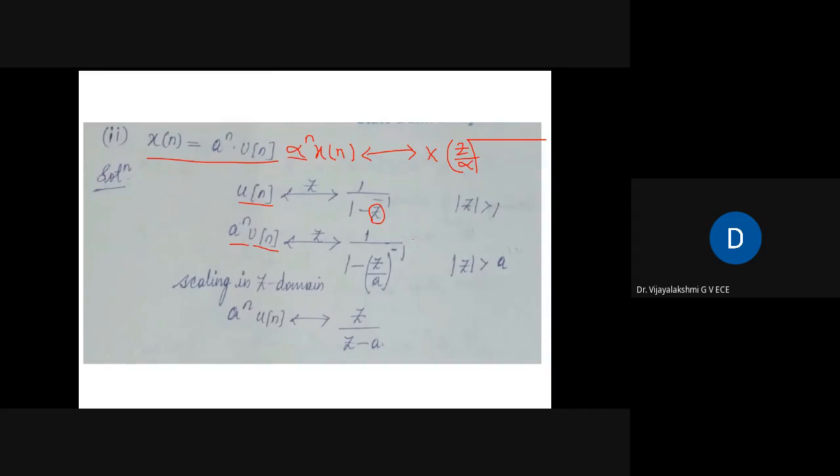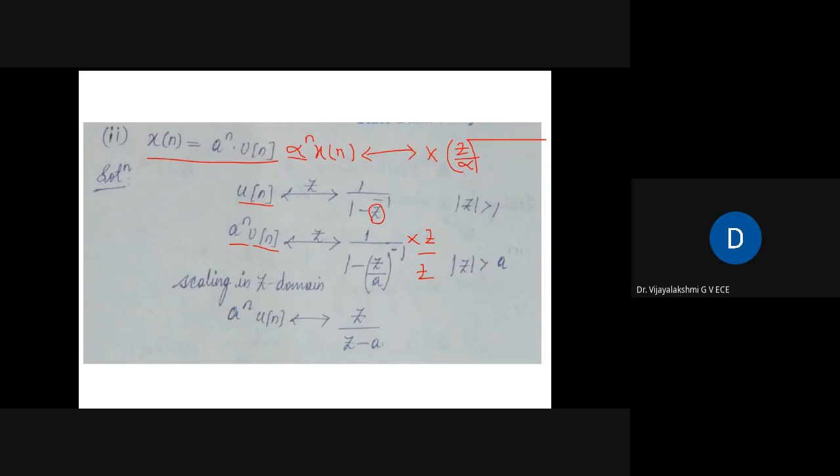To nullify this negative sign, I'll just multiply this with Z. 1 into Z becomes Z, and minus Z inverse into Z, with a inverse inverse, becomes Z minus a.